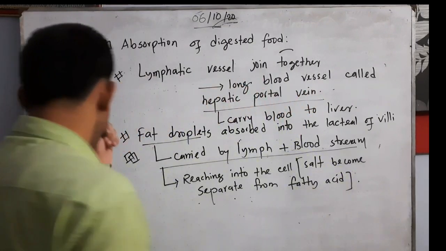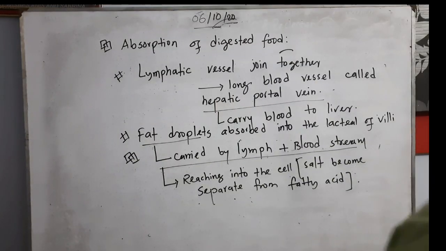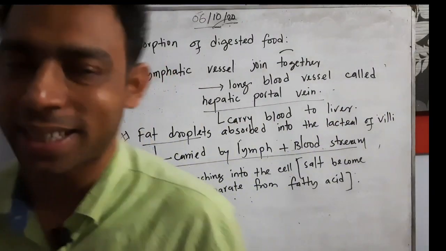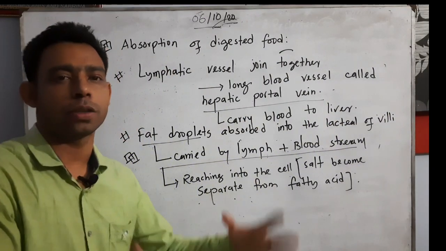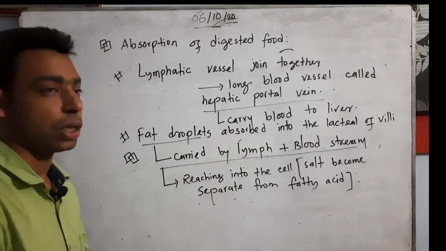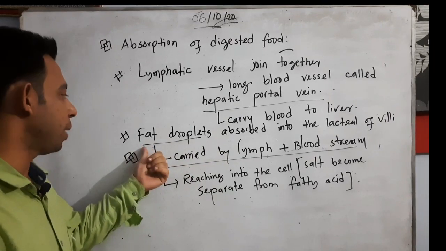So this one is also a very important thing. So don't panic about getting this one, my dear students. I hope you got the points I'm trying to mention here. Absorption is very important: when food is digested in the small intestine, all kinds of foods are absorbed.